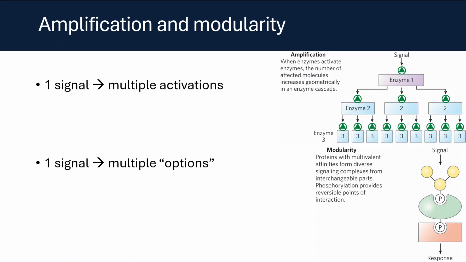Next up, we have amplification and modularity. Both are highly featured in apoptotic signaling. Signal amplification is crucial because, like I just mentioned, there's not a whole lot of signal floating around in the bloodstream. Serum concentrations of TNF-alpha are next to nothing. So the best way we can utilize small quantities of ligand is to exploit amplification cascades.